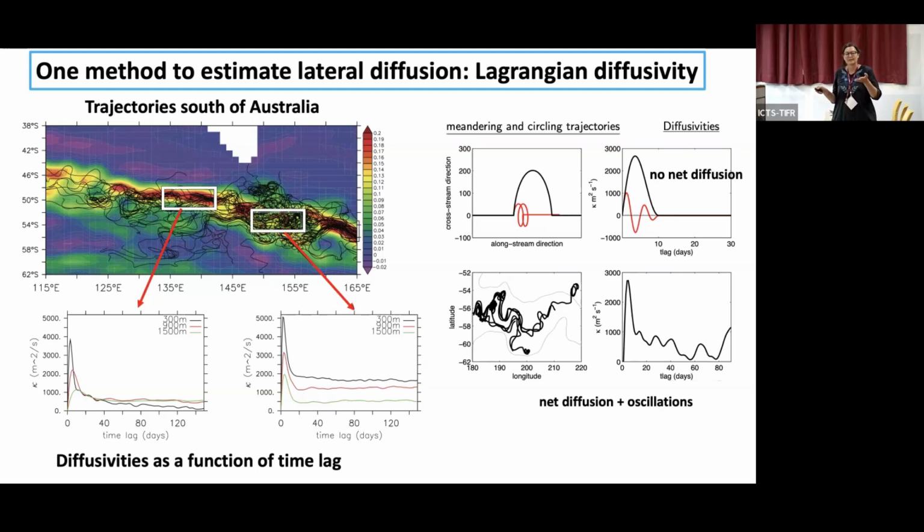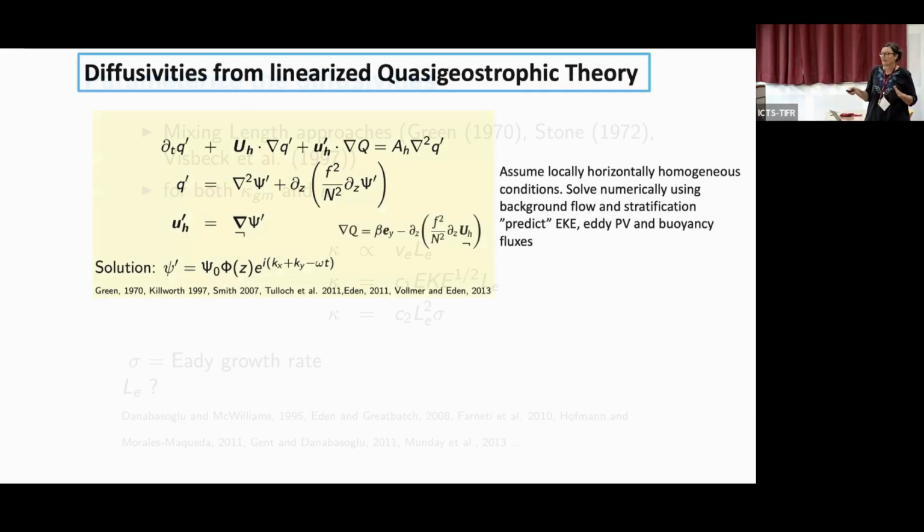This is one of the reasons why you need these large time lags to integrate over these rotational parts, and it is also why you're getting this maximum here. Sometimes people take this maximum as the diffusivity, but this is not the true diffusivity. It is related to these rotational parts, to this increase in diffusivity, and then it decreases again. But if you have an eddy field with many different kinds of eddies, then this diffusive limit gives you the actual diffusivity.